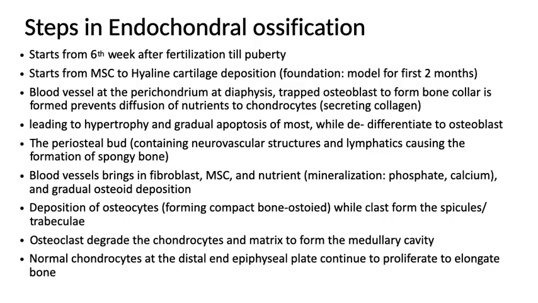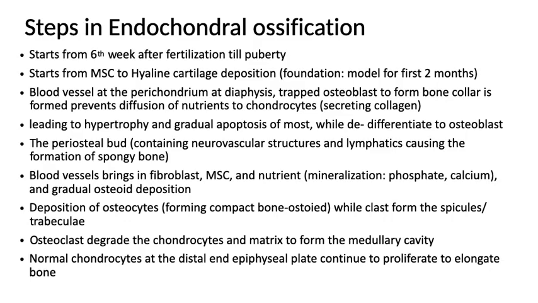But after 2 weeks, that hyaline cartilage starts being replaced by a bony structure, and at first you get to see the formation of the bony collar, and this bony collar induces a lot of activities such that it prevents easy diffusion of nutrients and blood to the inner cartilaginous structure of chondrocytes, and so they undergo expansion or swelling, and that's hypertrophy, and then gradually undergo apoptosis.